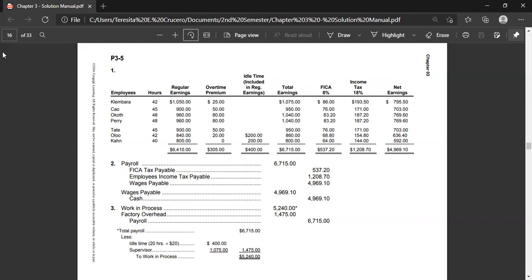So all employees are paid $20 per hour except Klimbara, who receives 25 per hour. All overtime premium pay except Klimbara's is chargeable to the job, and all employees, including Klimbara, receive time and a half for overtime hours.